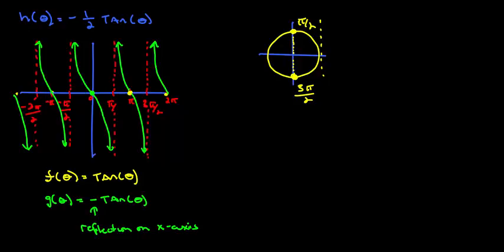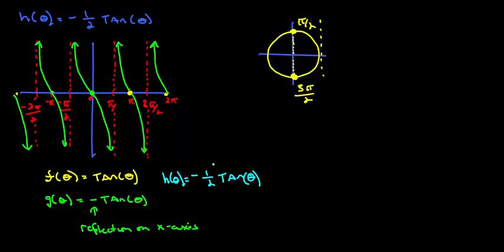Now the last piece that we have to put in here, and we'll do that in orange. Actually, let's do it in light blue, is to put the 1/2 in there. So this is h of theta is equal to negative 1/2 times the tangent theta. So what I need to do is take negative tangent theta and multiply it by 1/2.